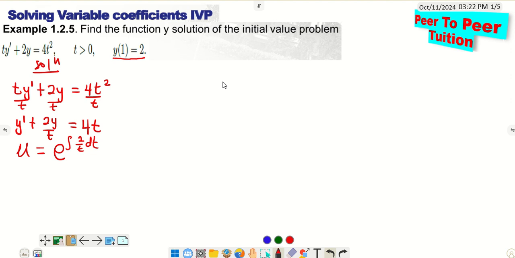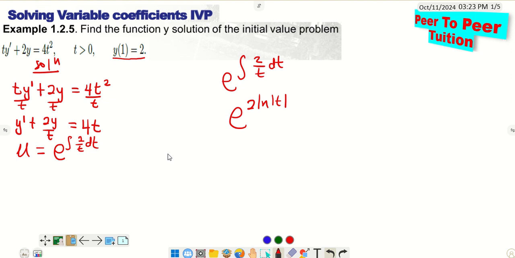So let us solve that. The integral of 2 over t dt. We know that when we integrate 2 over t dt, this whole thing becomes 2 ln t.